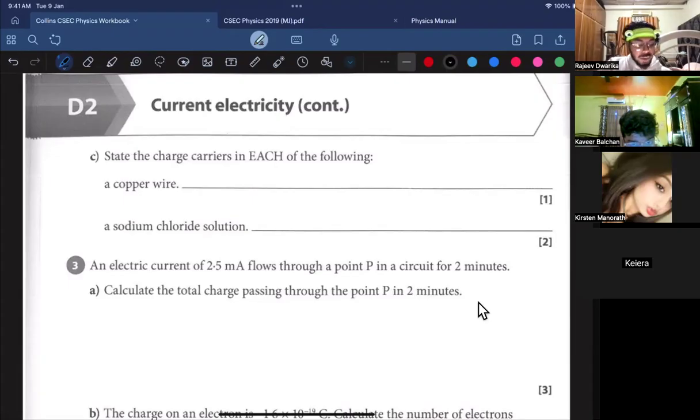If you look at the structure of a metal, how does it conduct current? All metals have what? It's 2 words.